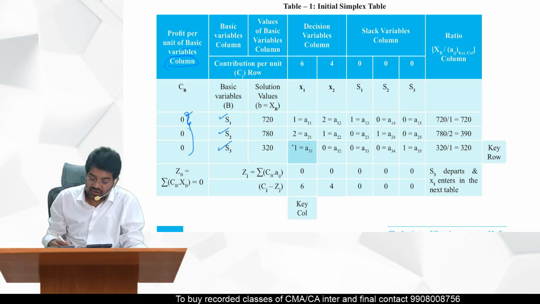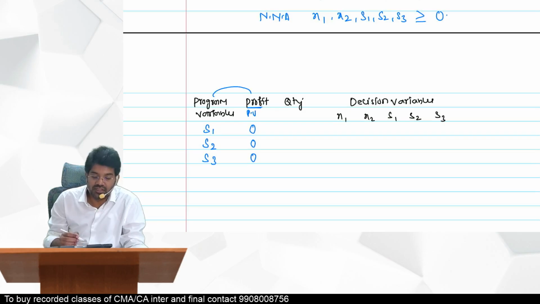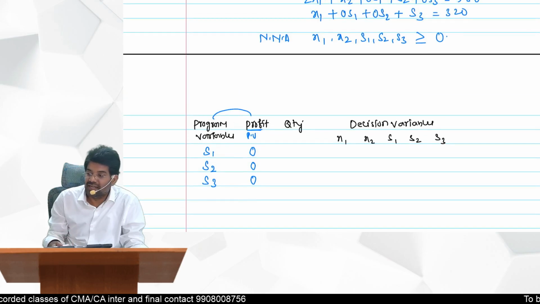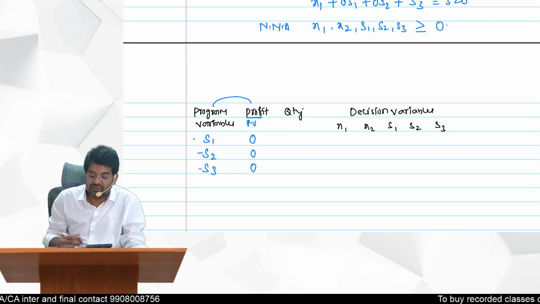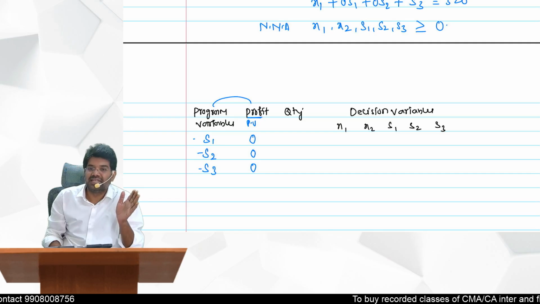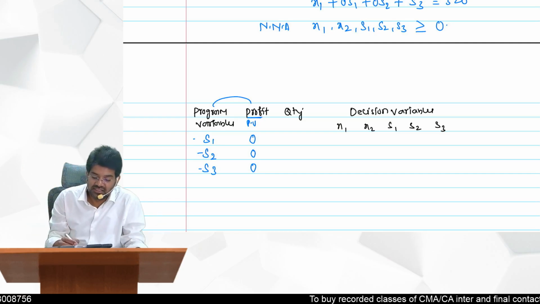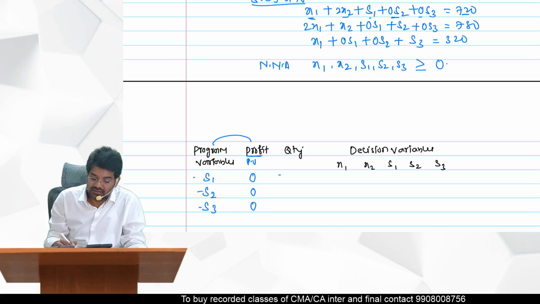So the second column is profit per unit of the program variables. This variable's profit, this is. Now what is the quantity of each of these rows we should take? Here quantity represents the right hand side quantities. So the first equation, right hand side quantity is 720. Second one is 780.